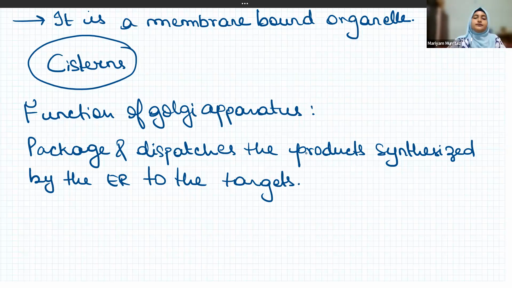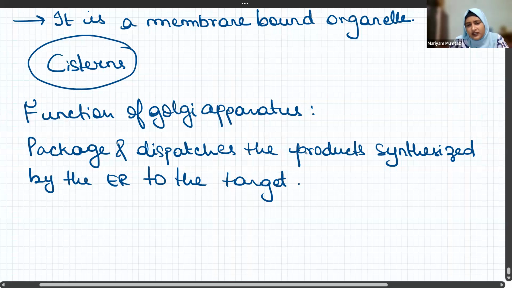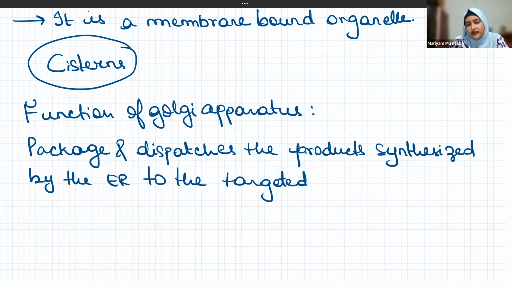If you can write it as to the targeted site, it is better. So the function of the Golgi apparatus is to package and dispatch the products that are synthesized by the endoplasmic reticulum.